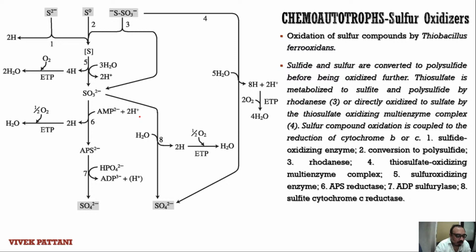Its pH requirement for growth is 2 to 3, and they use elemental sulfur as electron donor, glutamate also, and even peptone, and they are facultatively autotrophic.